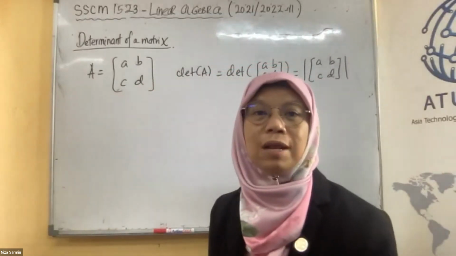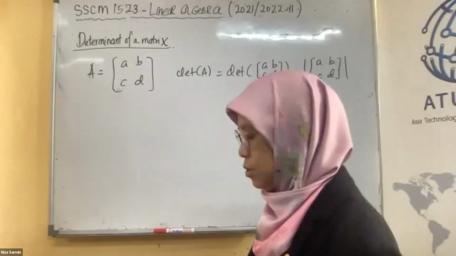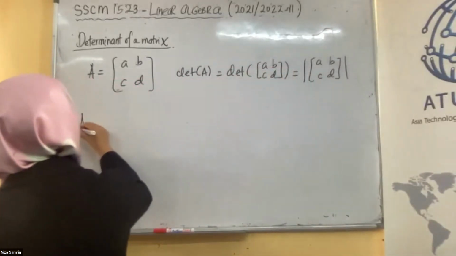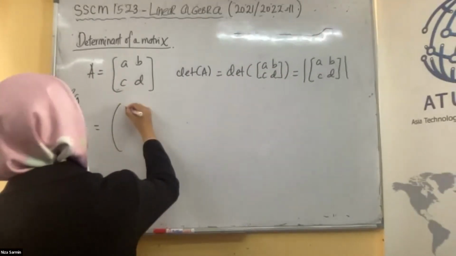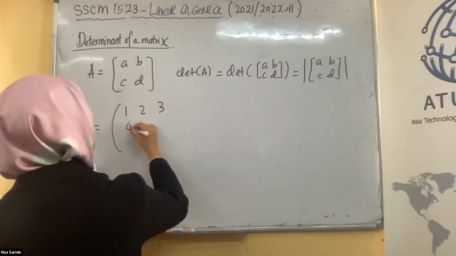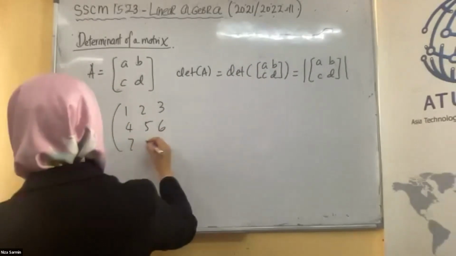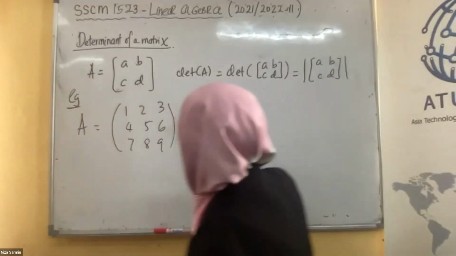We want to find all minors. Just now we talked about minors. So 1, 2, 3, 4, 5, 6, 7, 8, 9.